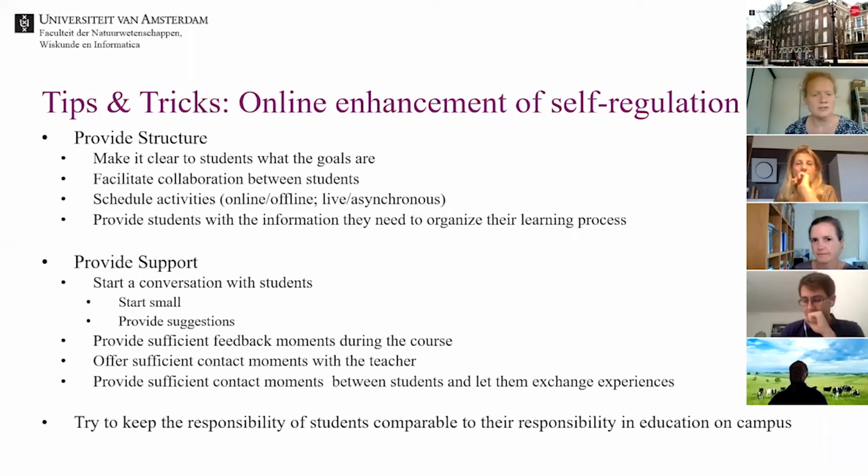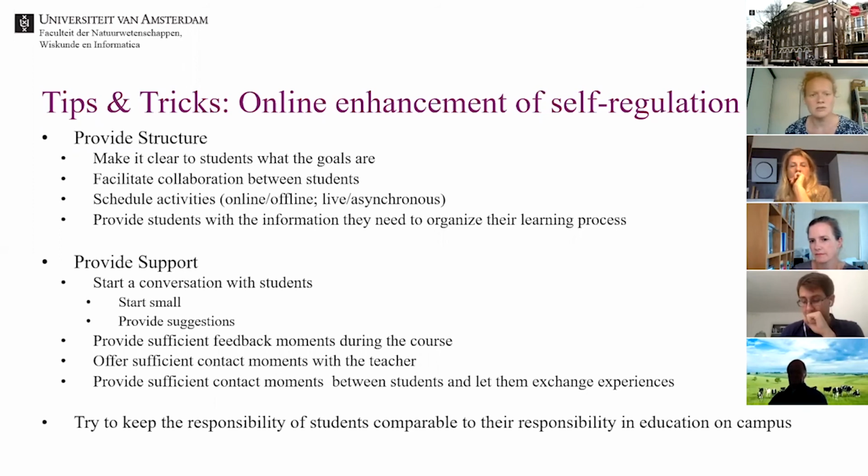And within providing structure, we mentioned already a lot of examples, but the main thing is always to make clear to students what the goals are, to facilitate collaboration between students, and provide them with the information that they need. So give them really the structure, make sure that they know what the goals are, and schedule activities.